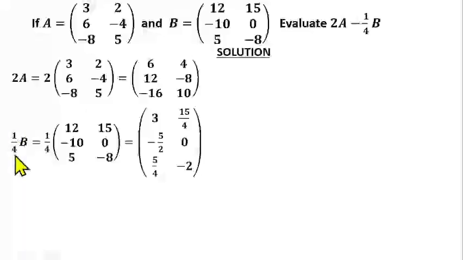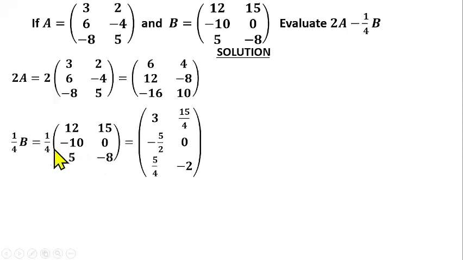Let's simplify the 1 over 4B. That means 1 over 4, which is also a number, multiplies matrix B. So 1 over 4 will multiply 12, 15, minus 10, 0, 5, and minus 8, which results in this matrix.